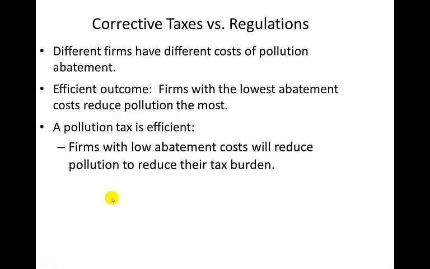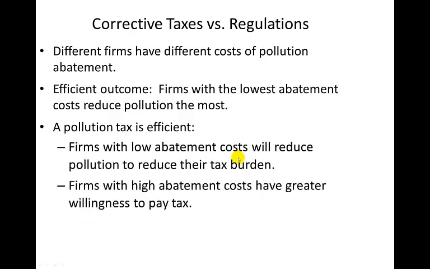If we tax pollution, then firms for whom it is really cheap to reduce pollution will reduce their pollution. And firms for whom it's not very easy to reduce their pollution will bear the burden of the tax.